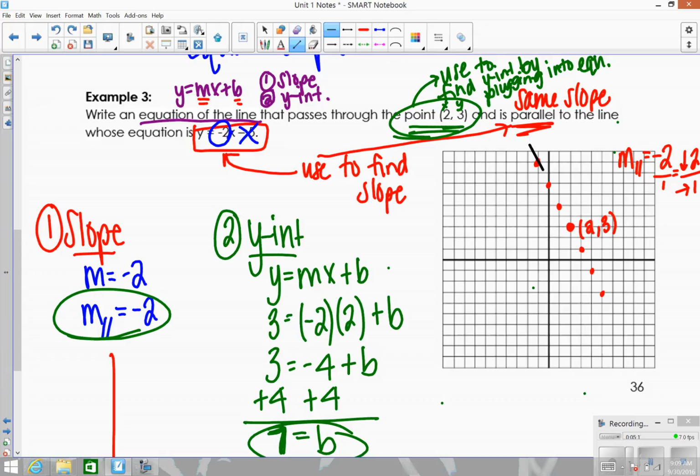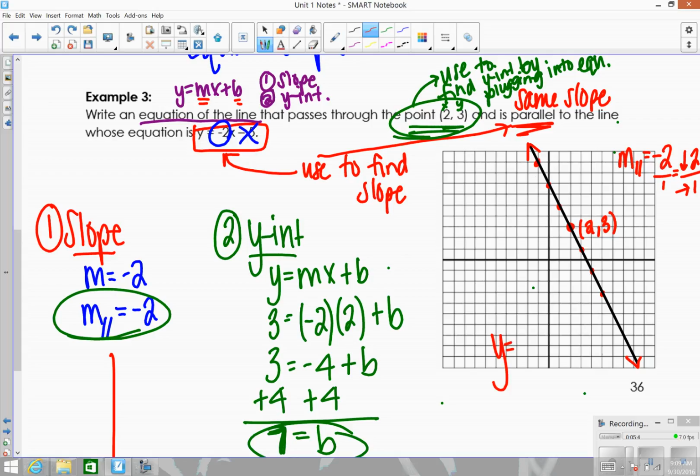This is the line that's satisfying the conditions that it asked for, which means this line is parallel to this original line here, negative 2x minus 5, because it has the same slope as that line, and it's also passing through the point 2, 3 because that's where I started. So all you would have to do is then just write an equation of the line that we just graphed.